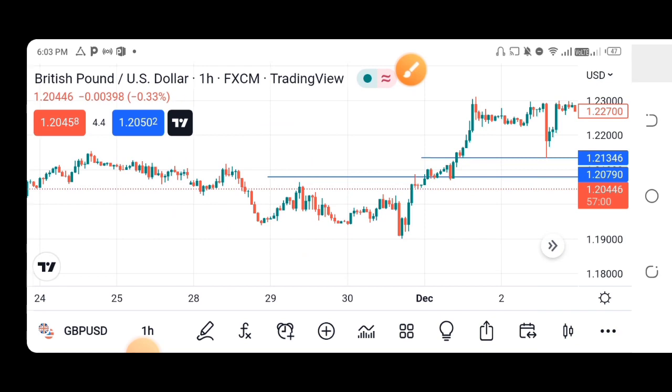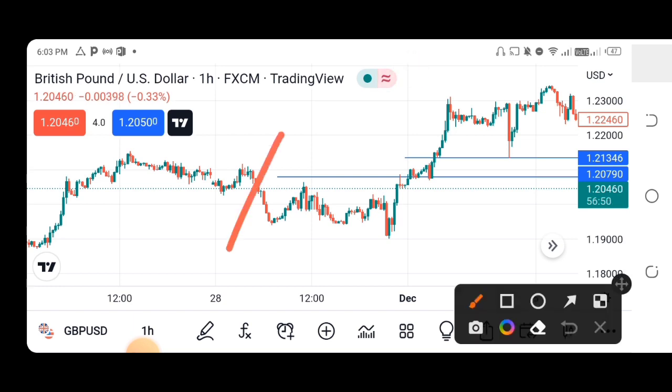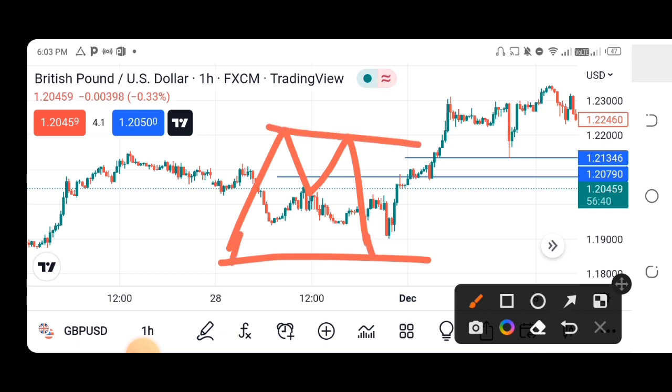We have what they call equal highs and equal lows. So when the market creates something like this, when you see market structure this way, this is our equal highs and this is our equal lows.